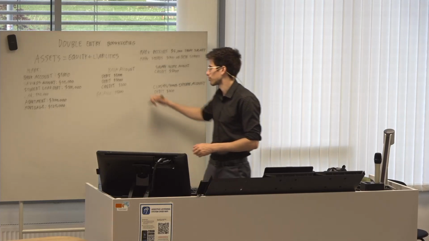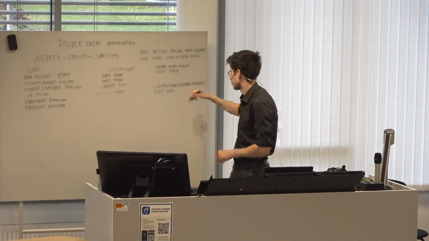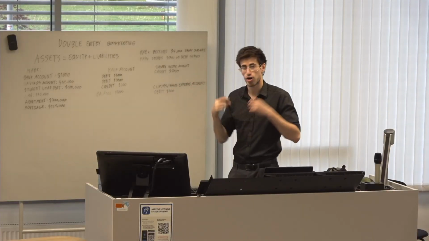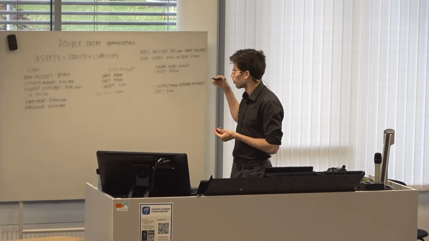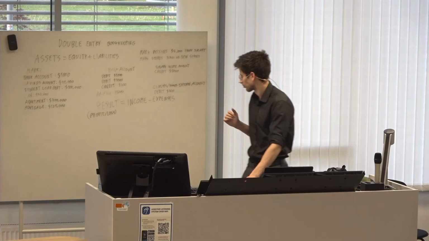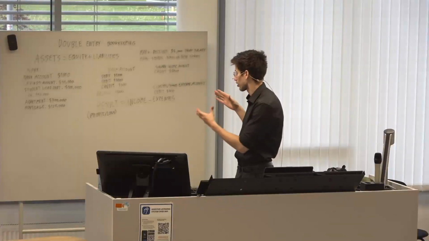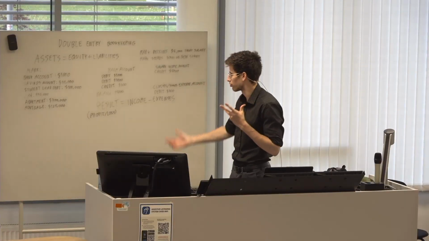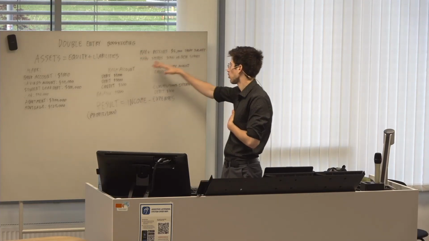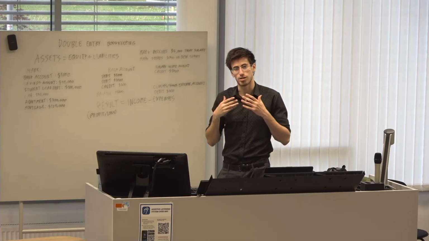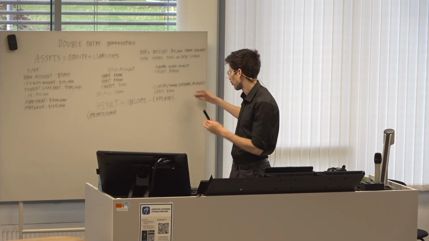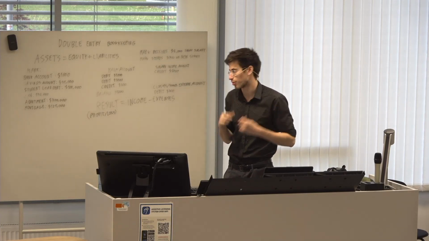So now that we have the balance for the bank account, salary, income, and expenses account, let's calculate the result for this month. So to calculate the result, which is income minus expenses, that we then use to update the equity account, we essentially sum all of the income accounts that we had this month, and we subtract the sum of all the expenses accounts that we had this month.